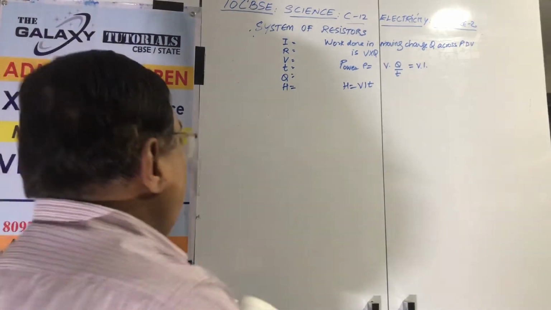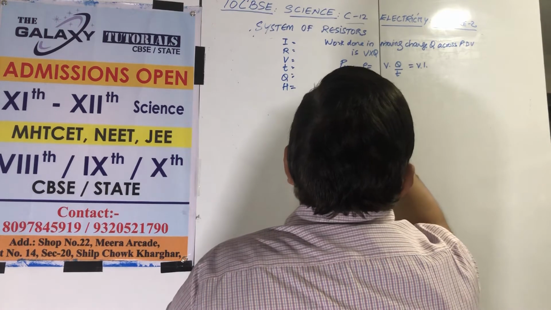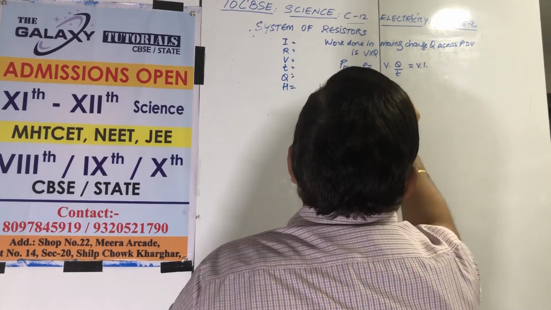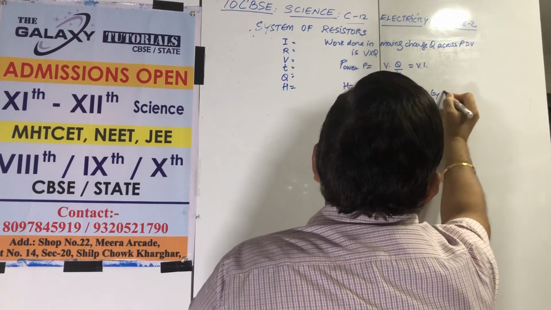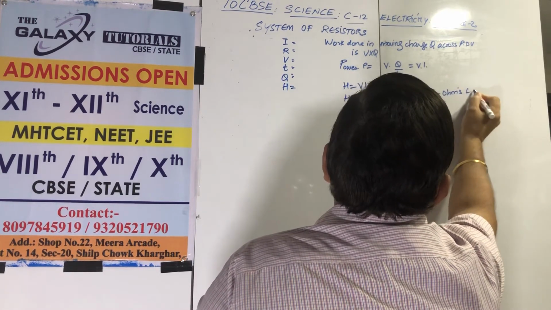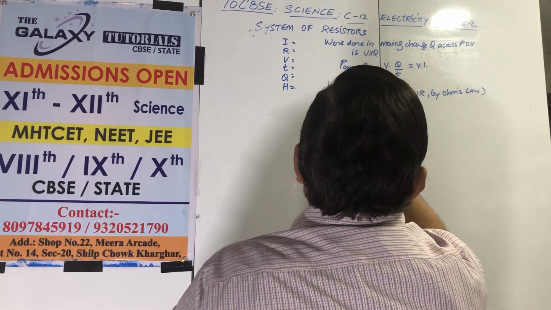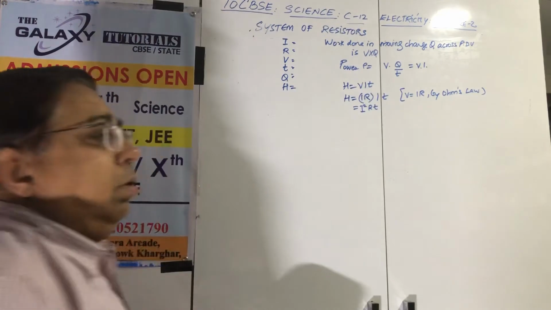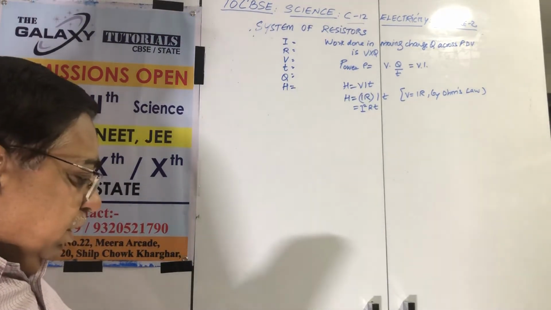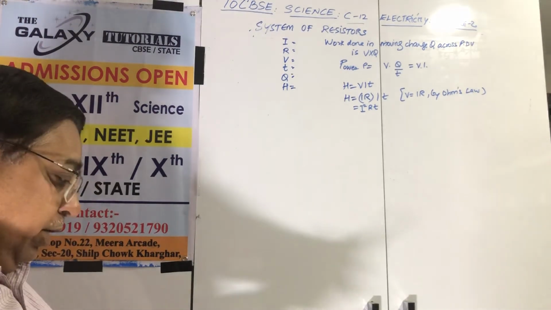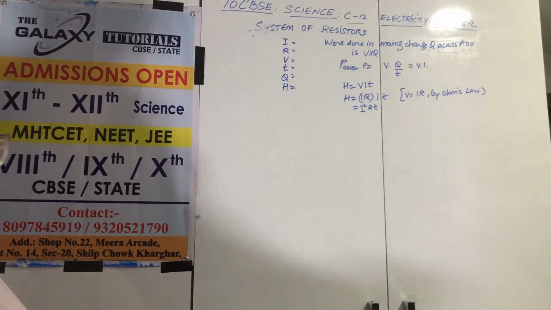By Ohm's law, V is equal to IR. So this is I square RT, also in another form. Nothing great, but we can make various forms. And this is how we get the equation. Let us see some problems on the heat produced.